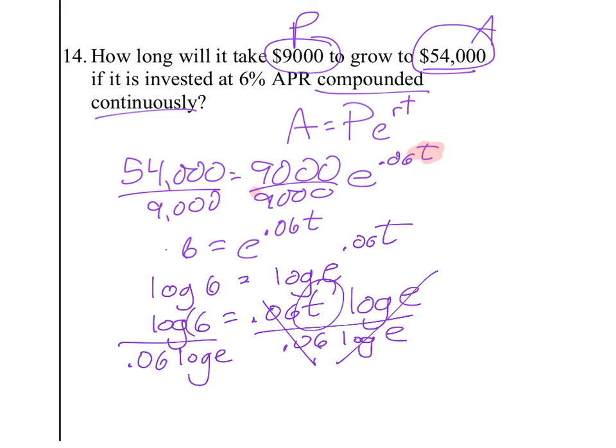So remember that you're going to have parentheses around the whole thing in the denominator. So log 6, close parenthesis, divided by open parenthesis, 0.06 times log e. Remember, e is second divide, close parenthesis.